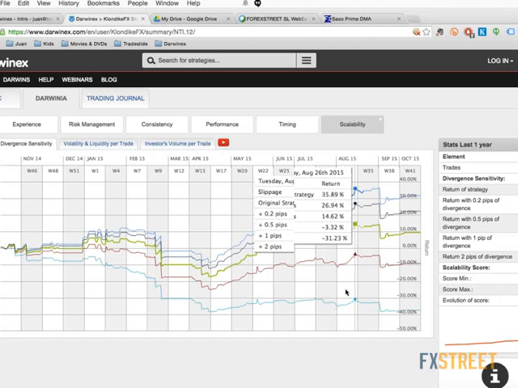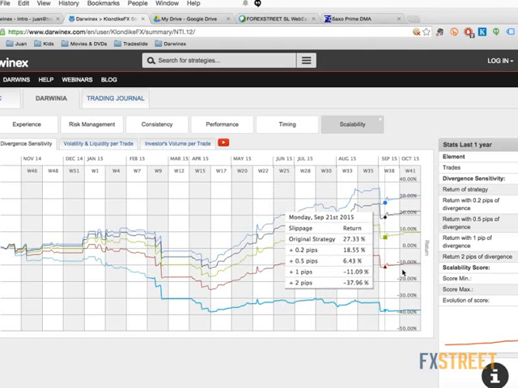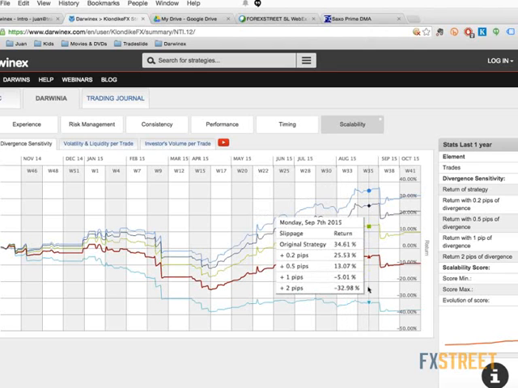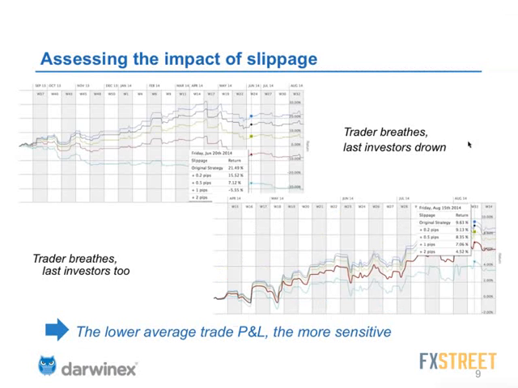You're moving the market by so much against your investors that you're making money, but they're losing, and therefore they will never stick with you. So yes, it's important to be a consistent trader that trades with a consistent strategy, with good risk management and good timing and so on. But that's not enough. That was my point there. In addition to all that, you have to find scalable strategies, because otherwise you'll never get there.